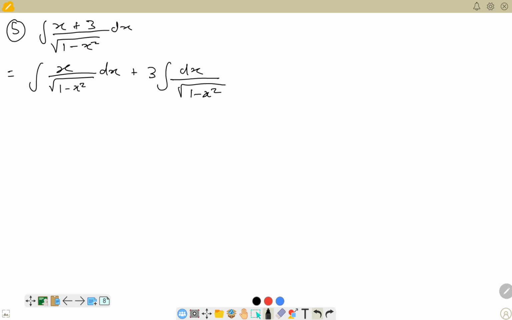So that's how we can split that into two. Then this one now can be written as the integral of x times 1 minus x squared to the power negative half dx, plus 3 times the integral.